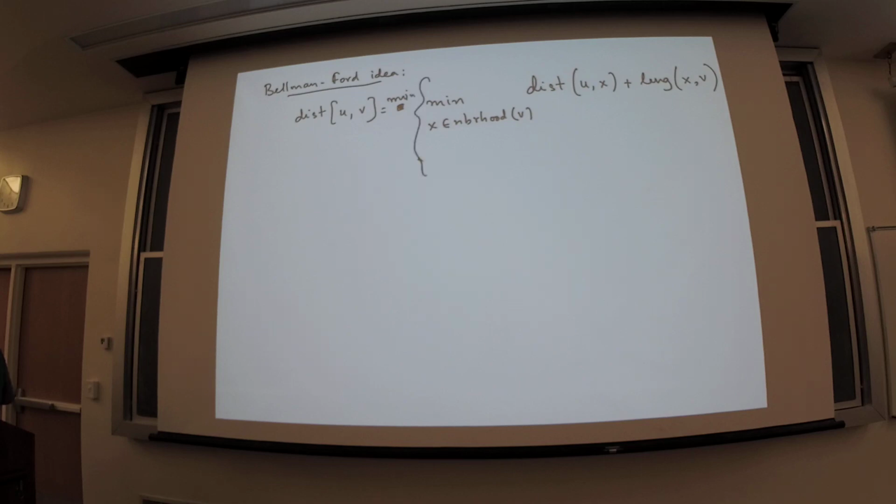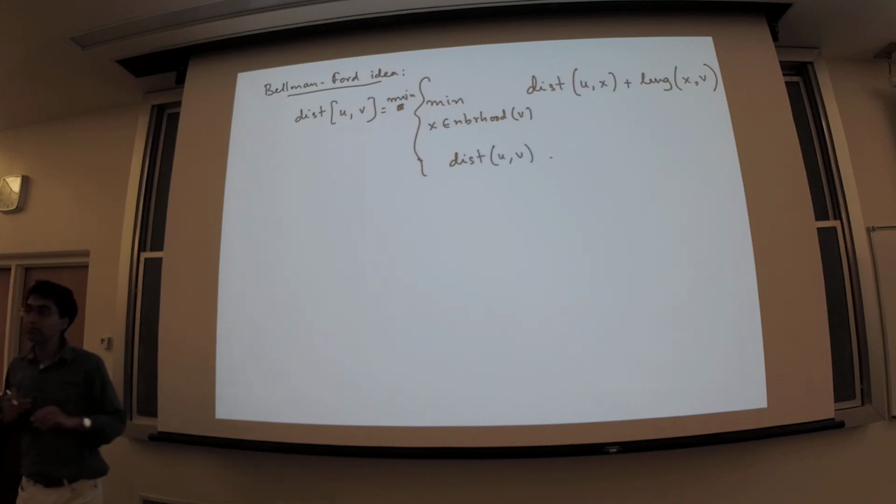The Bellman-Ford idea was that the distance from u to v can be written as the min over x in V of the distance from u to x plus the length of x to v, and also the min over this quantity and just the distance.